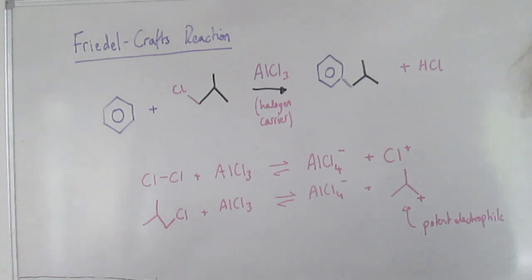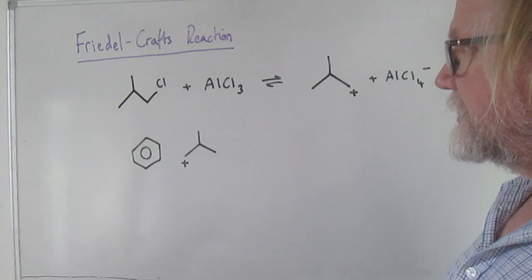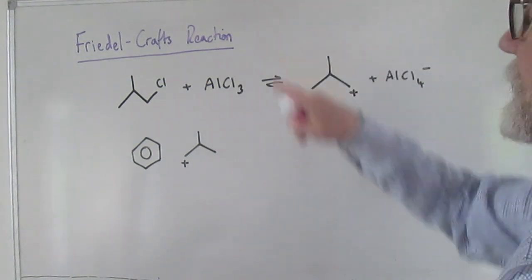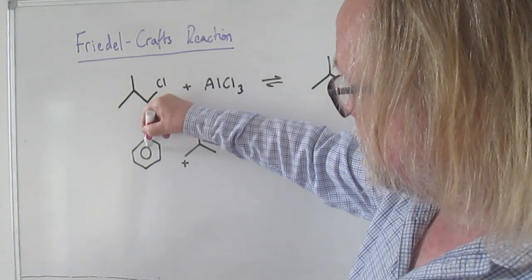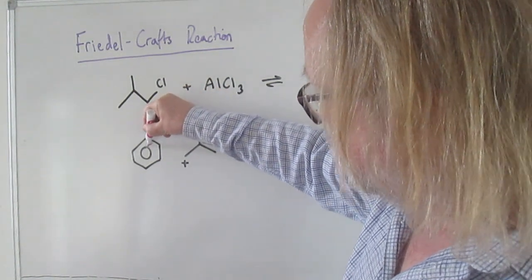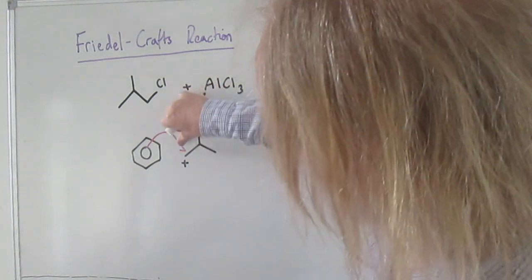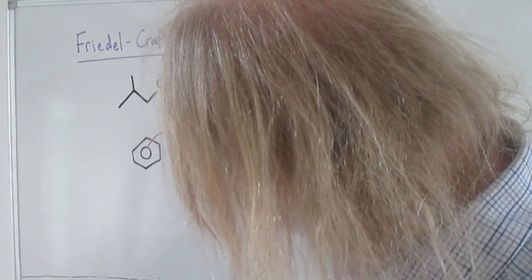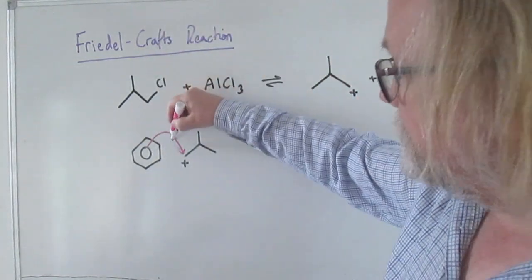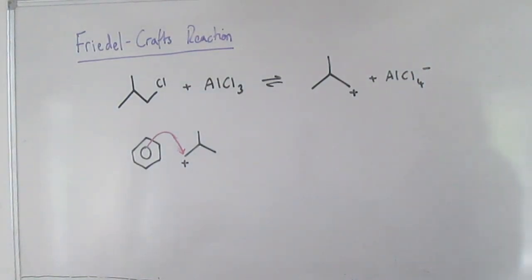Okay, so here's the benzene, here's the carbocation that's been generated by the action of the catalyst. So you know what's going to happen now. A pair of electrons is going to come out from the delocalized system, and it's going to go straight to that positively charged atom. So that's your curly arrow showing that. And so that's going to give you an intermediate.